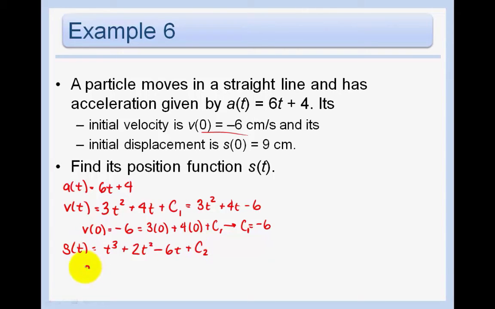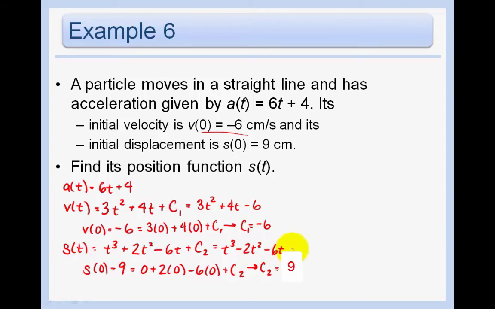And so I know that s of 0 equals 9, so 0 plus 2 times 0 minus 6 times 0 plus c2 equals 9. In other words, c2 equals 9. So I have my position function t cubed plus 2t squared minus 6t plus 9. So that is my position function.